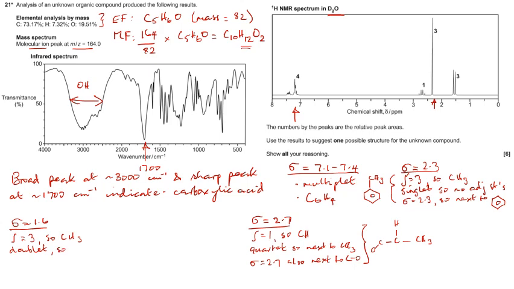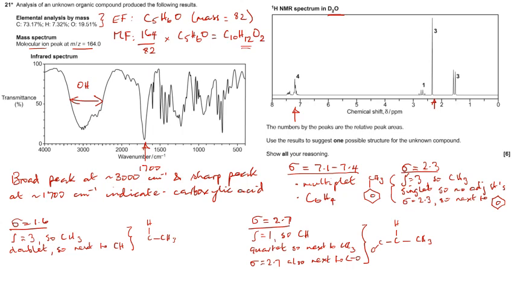It's a doublet, so it's next to a CH. And we can conclude from that it's the CH3 that we identified earlier on. So let's draw it in the same way. This is the CH3 that we just worked out, like so. I'll switch colour to green, so you might not write this down, you might just think it.